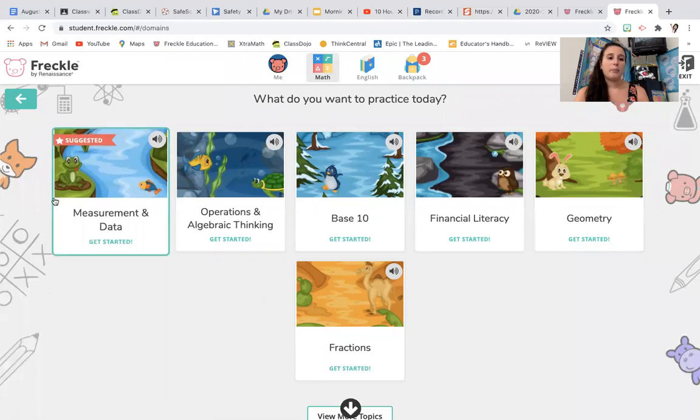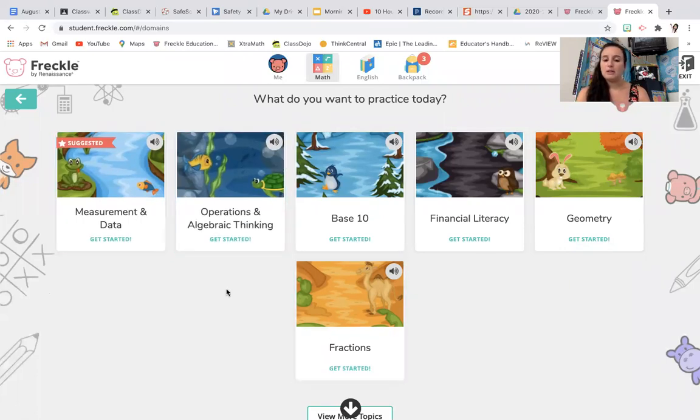By clicking on these and doing the math, it's really trying to gauge where you're at so that it can differentiate based on your level. So that's what I meant when I said the pre-assessments. By clicking on these and doing some problems, it gauges where you're at, based on what you answered correctly and what you answered wrong.